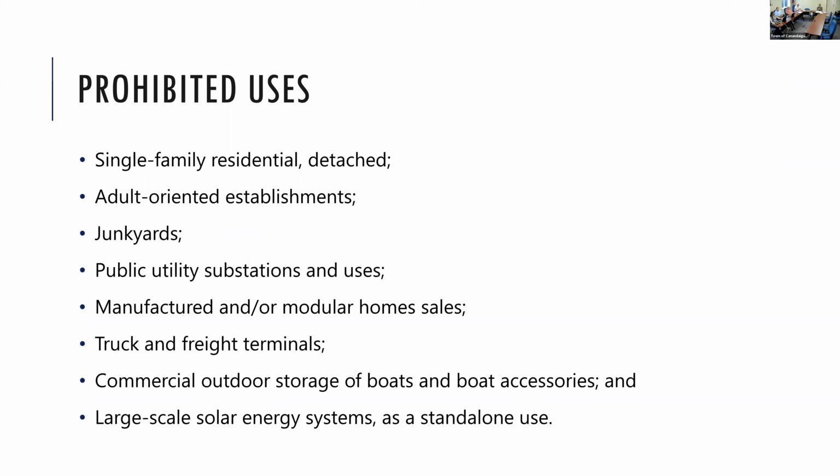So single family residential detached, because it is not consistent with the vision for Route 332. I don't know if anyone would actually try to put a single family home on Route 332, but we wanted to proactively address that. Adult oriented establishments, junkyards, public utility substations, manufactured homes, truck and freight terminals, outdoor storage of boats, and large scale solar energy systems as a standalone use.